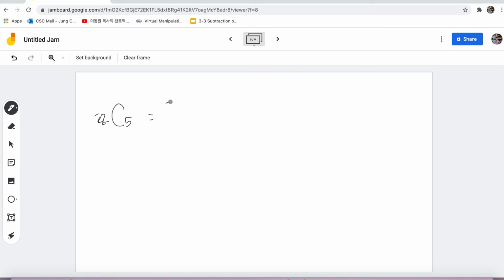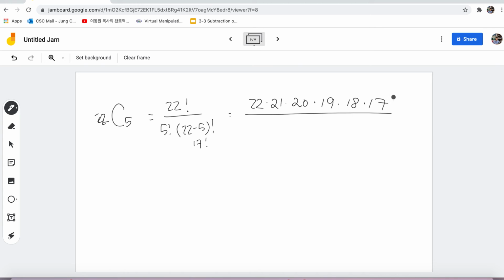How do we calculate that? That's 22 factorial over 5 factorial times 22 minus 5 factorial. What is 22 minus 5? That's 17 factorial. So we can expand 22 factorial as 22, 21, 20, 19, 18, and 17 factorial.